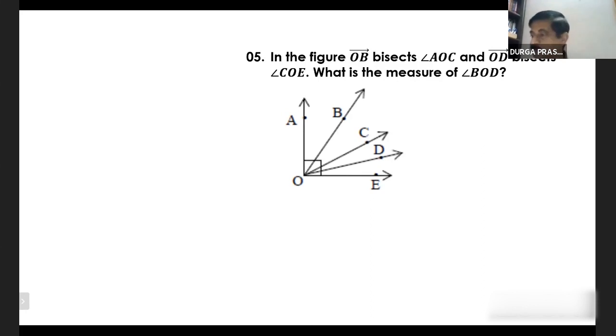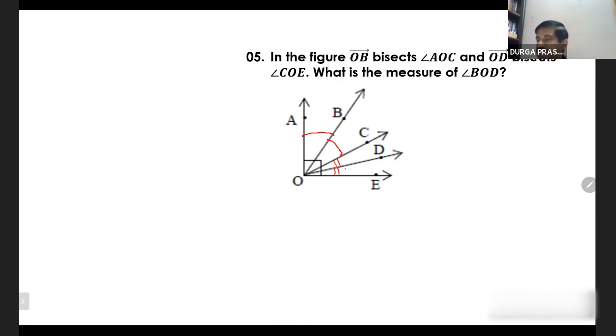In the figure, OB bisects AOC, so this and this are equal. And OD bisects COE, so these two angles are the same. What is the measure of BOD? Now look at this, children.